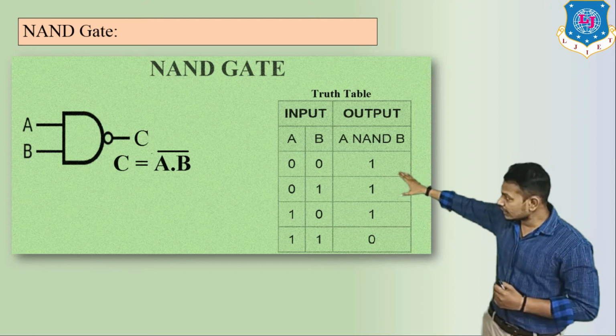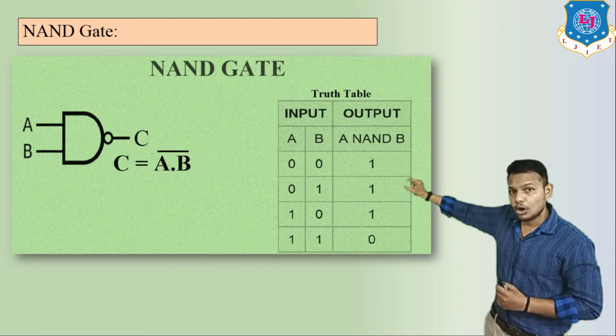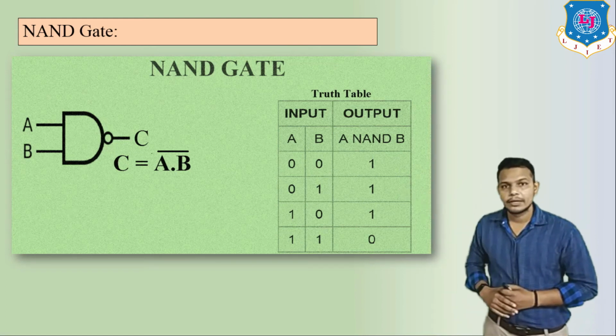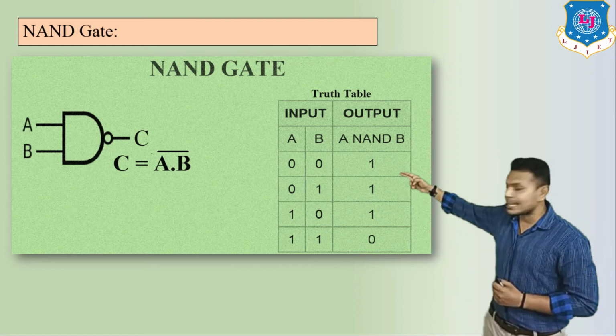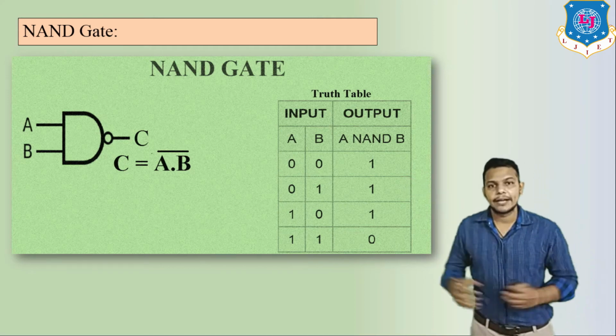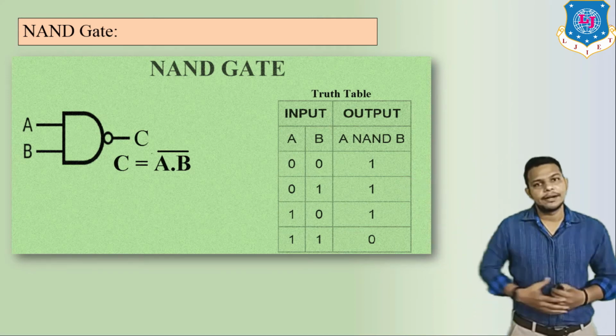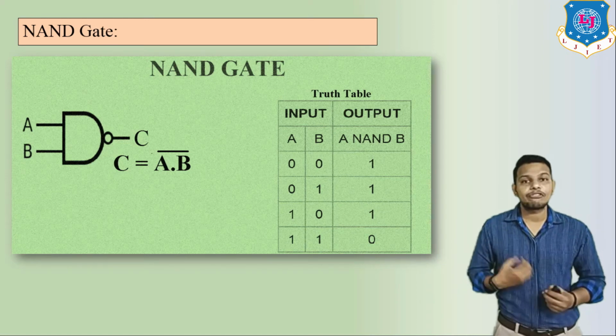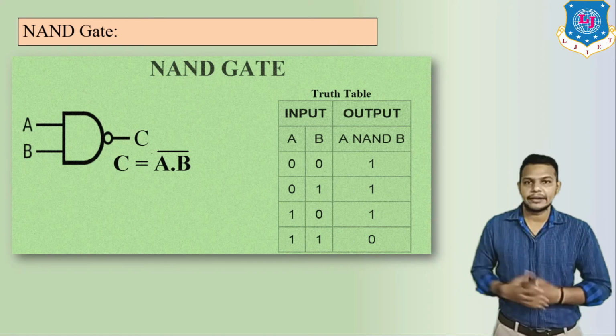How? Here we can see NOT, that means it is represented by a bubble. So there is a bubble, and AND, that means here we can see this is the symbol of AND, and combined we can make NAND gate. So basically the inversion of AND gate is NAND gate.